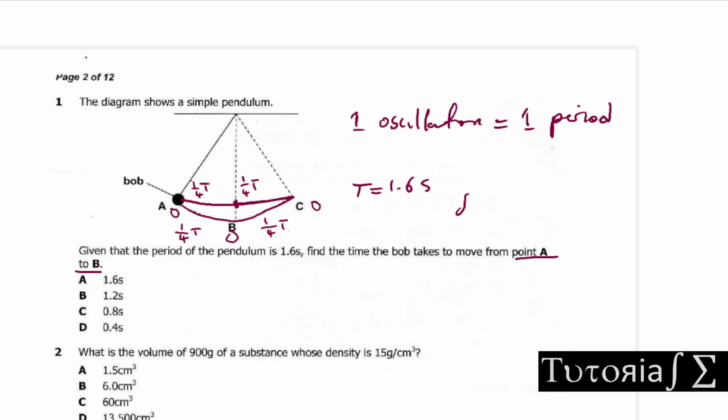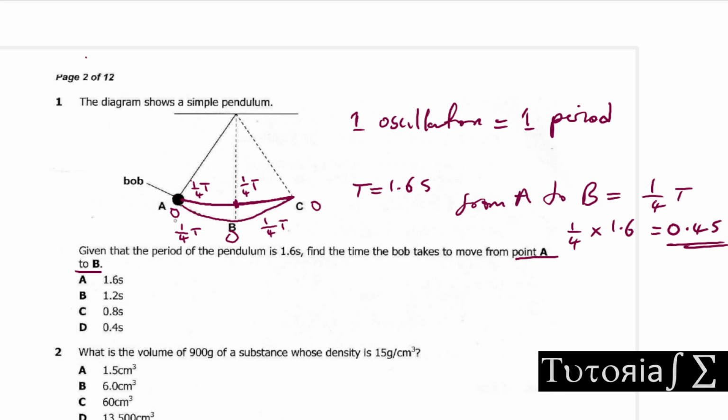So from A to B is equal to 1/4 of the period, which is 1 over 4 times 1.6, which will give us 0.4 seconds. So that is the time it will take to move from A to B.